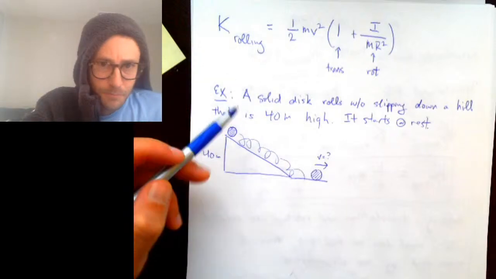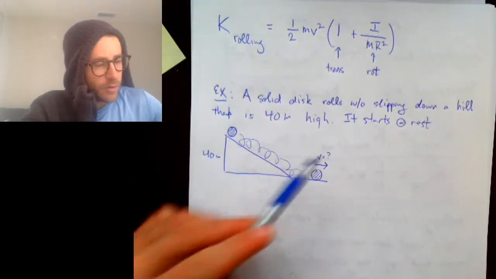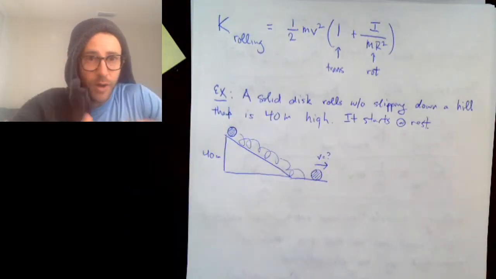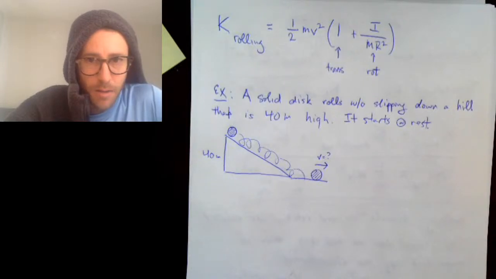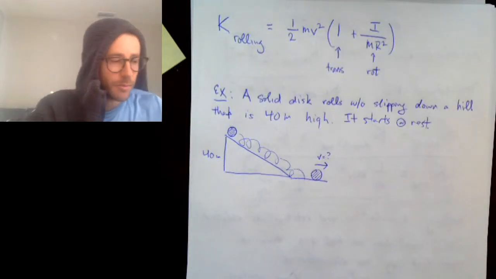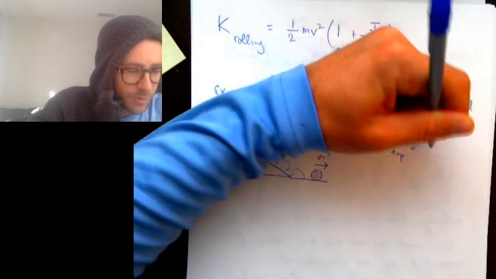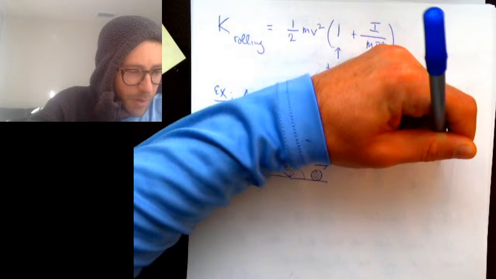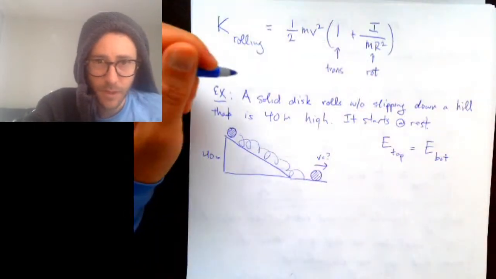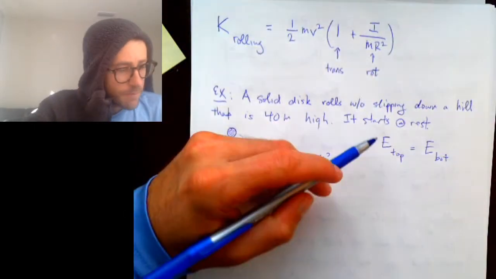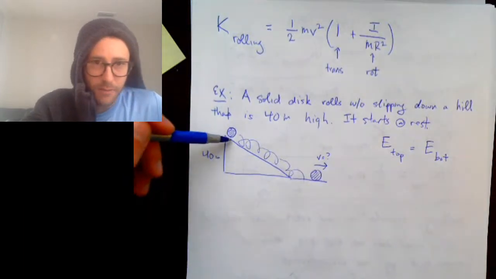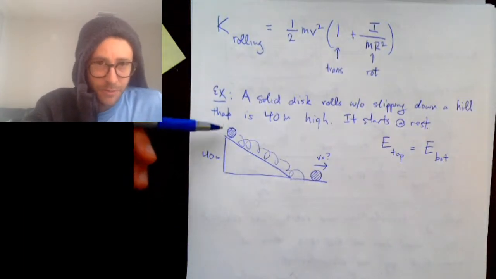So, if it starts at rest, this is just a regular conservation of energy problem. So the energy at the top of the hill is equal to the energy at the bottom of the hill. Okay? At the top of the hill, we have gravitational potential energy.